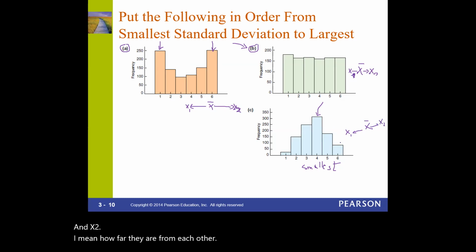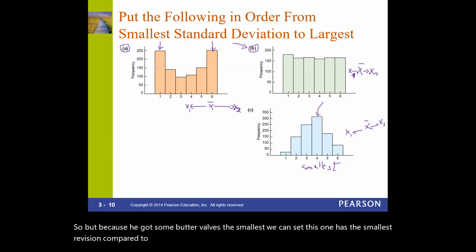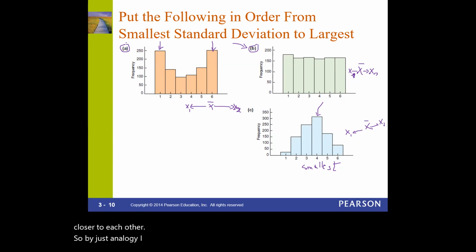Because C has the smallest spread, we can say this one has the smallest standard deviation compared to A. On B the values are kind of closer to each other. So by analogy, I can say the smallest will be this one, and the highest will be this one.